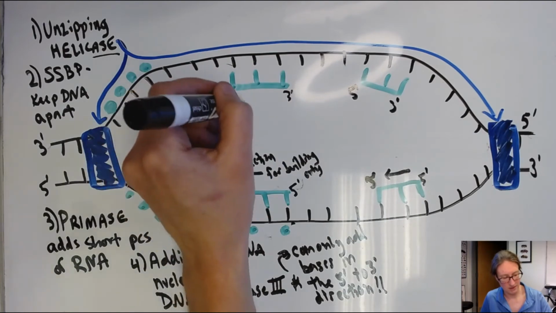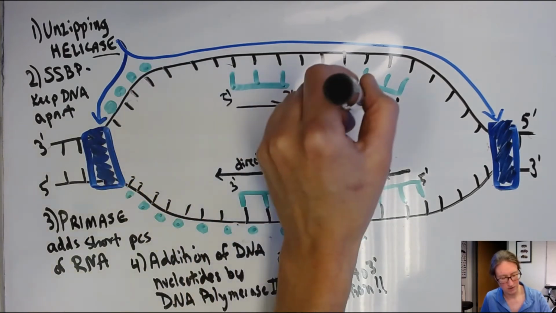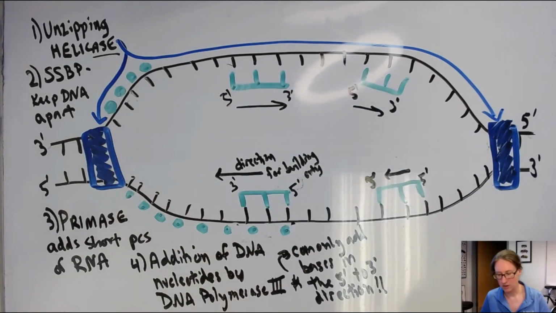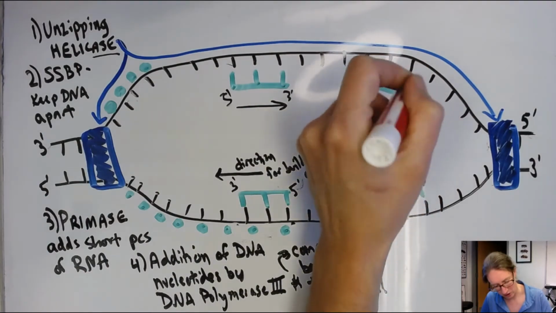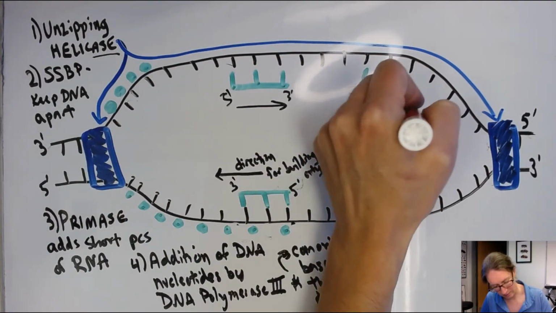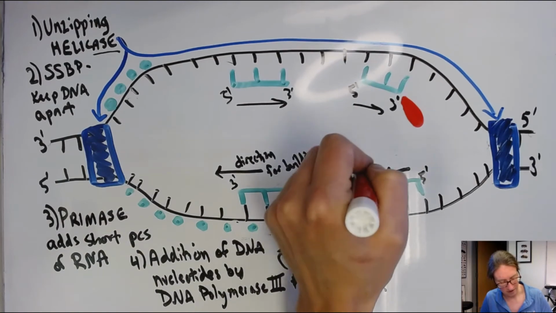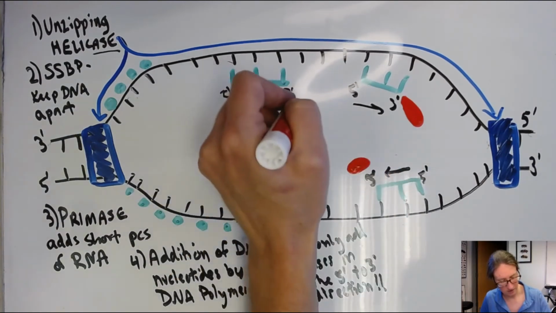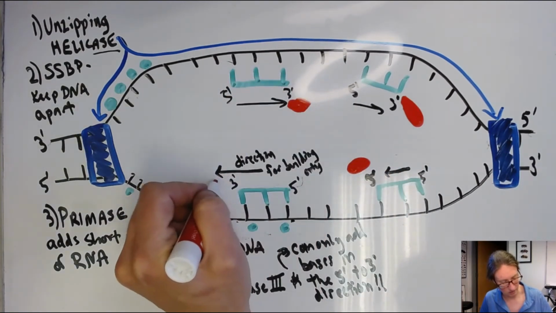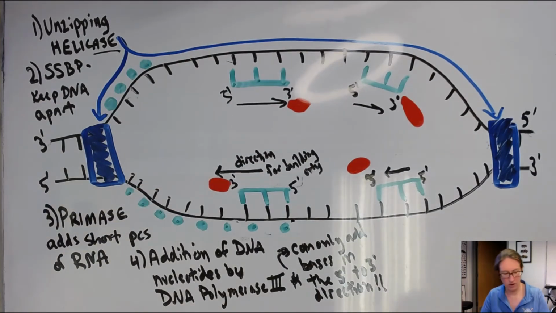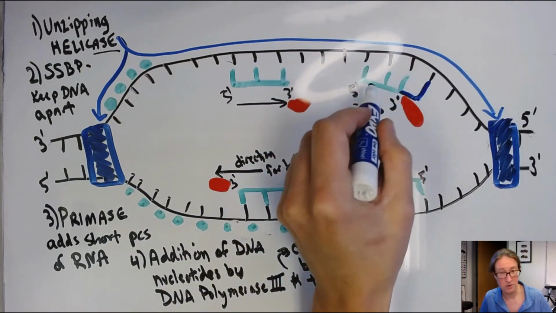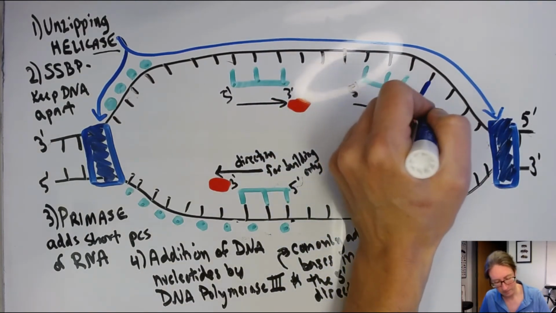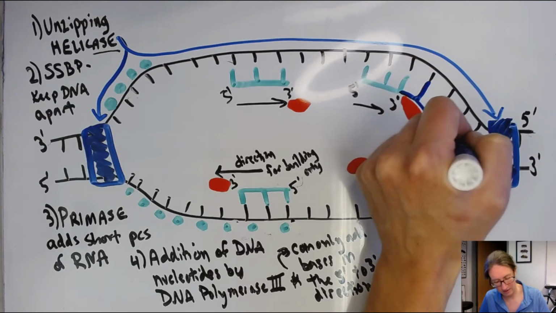So what that means is we can build to the right. So if I just draw on my DNA polymerase III here in red, chugging along. So DNA polymerase can get to work here, it can get to work here, it could get to work there, and it could get to work here. And so in all those places, it can start to add onto this RNA primer, add bases.